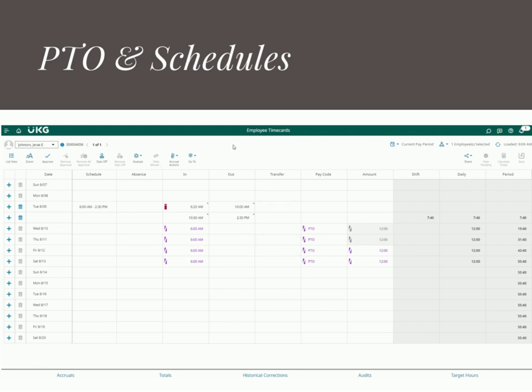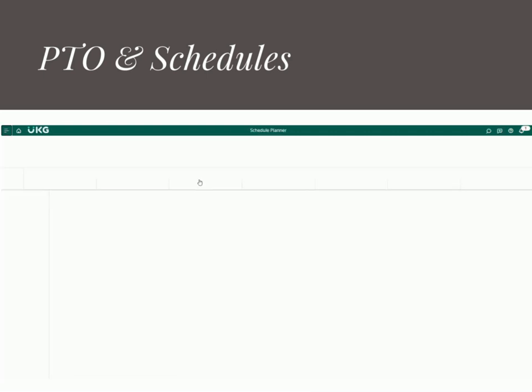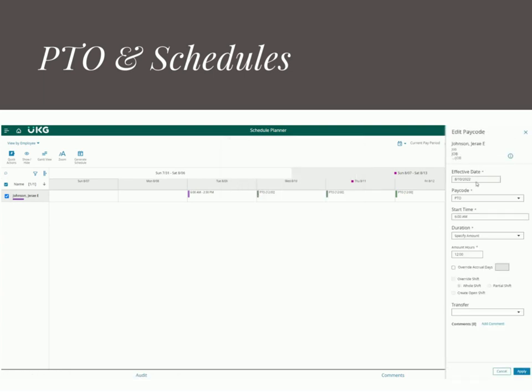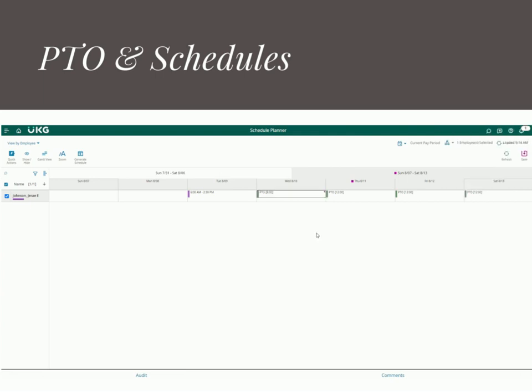The best way to do that is click Go to Schedule. Here we see the 4 days of PTO for 12 hours each. If we need to change these, we right-click and select Edit. We change the amount of hours to the correct amount and then click Apply.